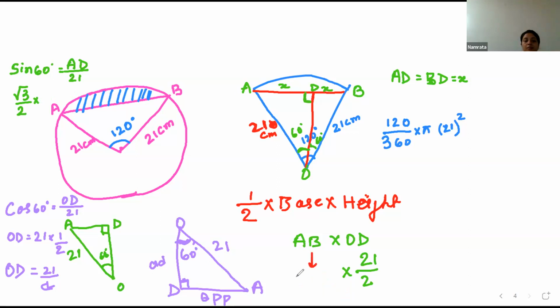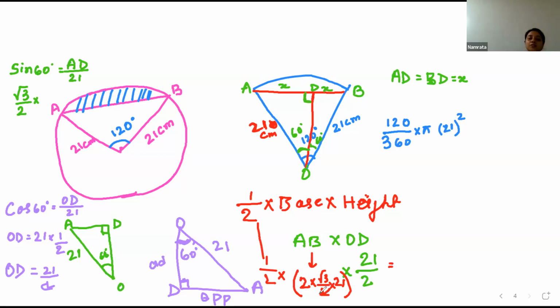So this became 2 times root 3 by 2 into 21. Here we have, according to the formula, 1 by 2.